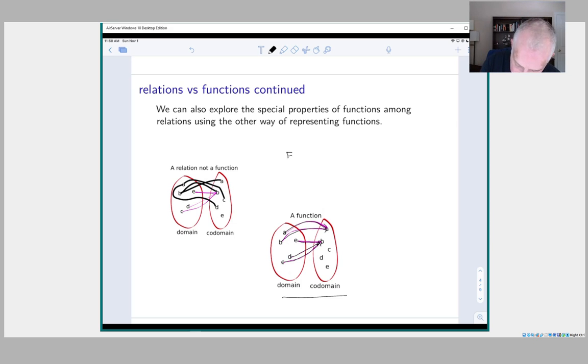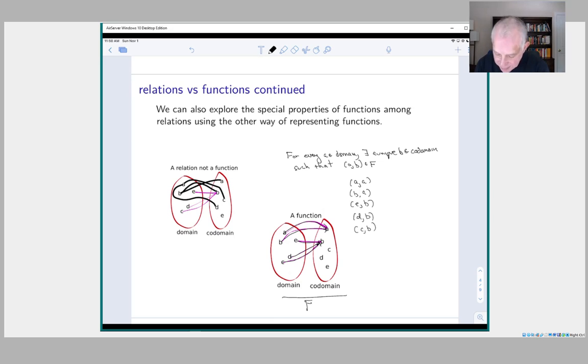So for every A in the domain, there exists a unique B in the codomain such that AB is in the function f. So this is a picture of the function f, and we can write the pairs down: AA, BA, EB, DB, and CB.